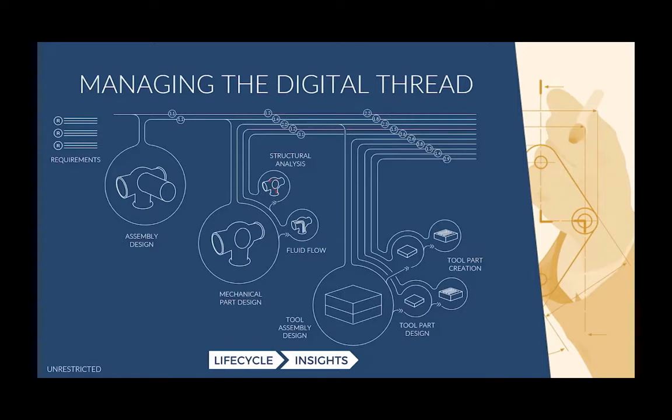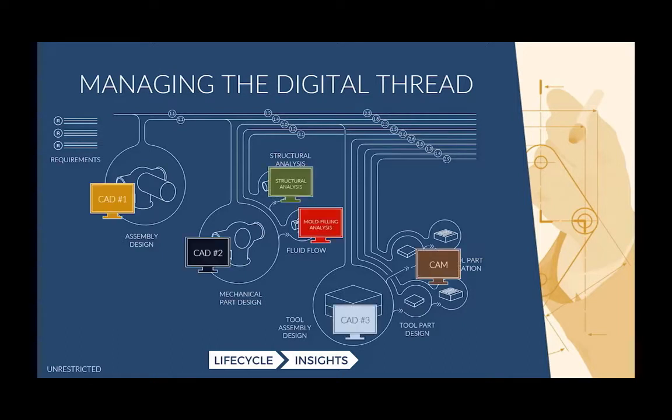Now, what a lot of companies have done over time is use a lot of different tools, maybe each one unique and capable within that domain. But the problem here is that when you move from one to another, or let's say there's a change all the way on the left-hand side that needs to propagate down through this digital thread, you have to manually make that change.